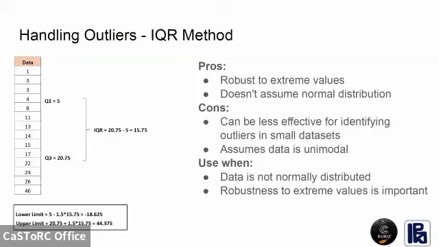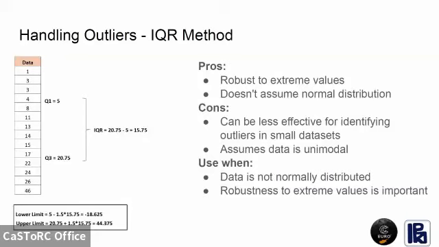Every value that is outside this range is an outlier. In this case, you only consider one outlier. So 46 in your case is considered, based on the IQR value, an outlier. This is the way you can identify the outlier.